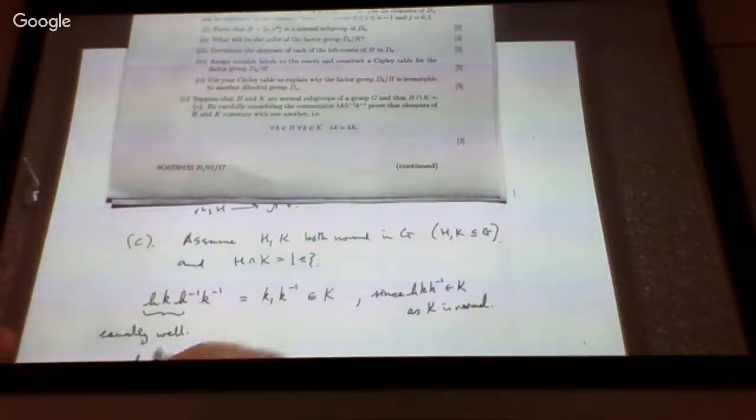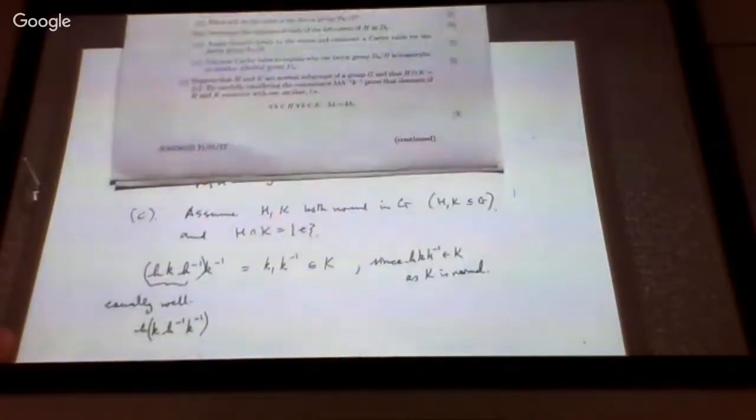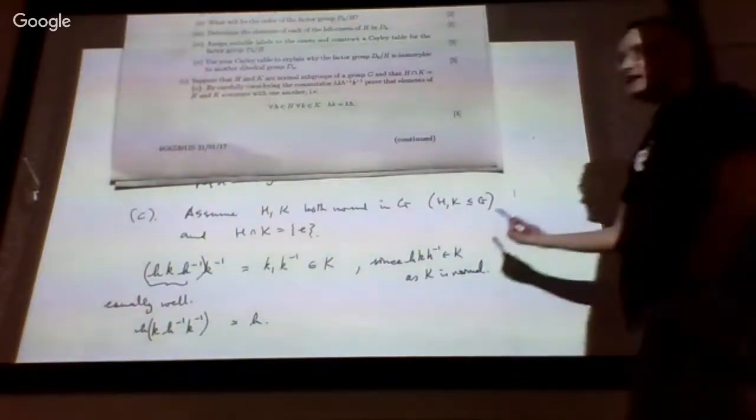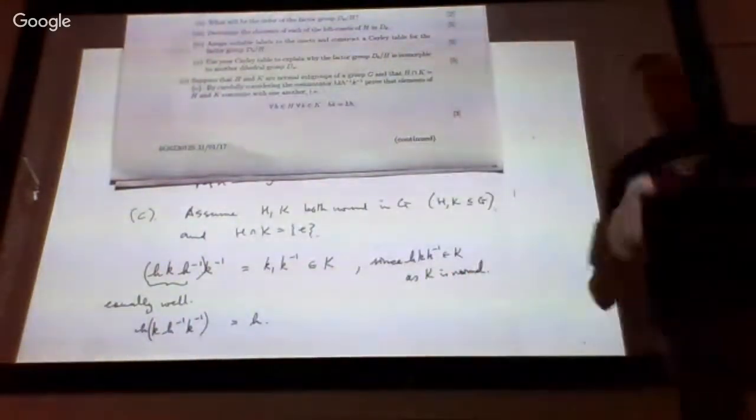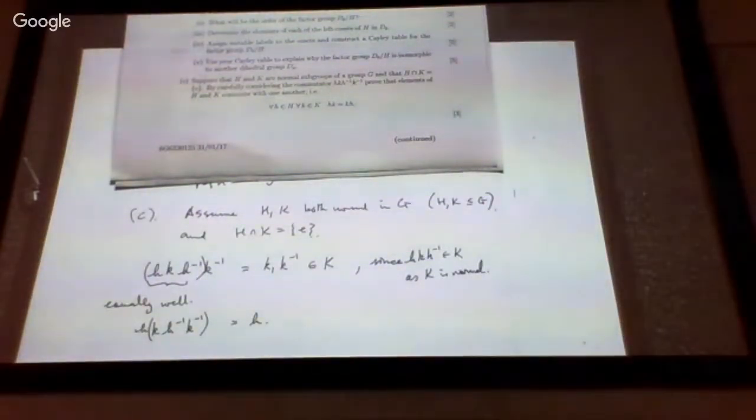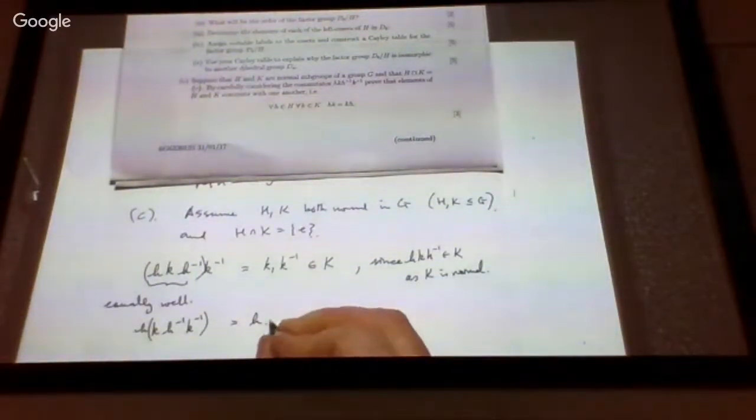Equally well, I can take, sorry, I should actually bracket them like that. Equally well, I can take HK, H inverse, K inverse, and bracket it this way. And then I'm looking at H times a conjugate of H inverse. Now H inverse is in H, and I conjugate it by something else from the group, so I remain in H. So this is just H by another H1.